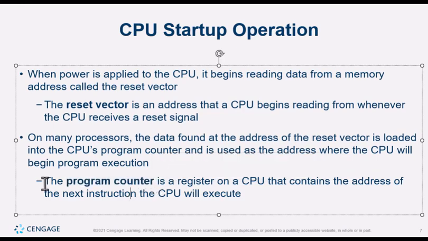In other words, it is the next instruction for the CPU. So the program counter keeps track of the next address where the next instruction will be executed. So you need to know about the reset vector and the program counter.